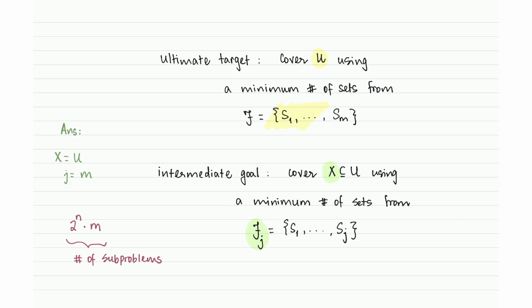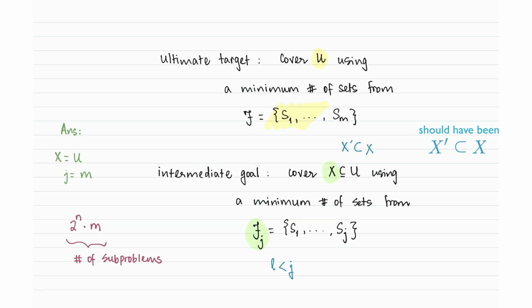So just to recall how this is going to work, given that we have a DP-based setup, the idea is that when we are trying to solve the intermediate goal with respect to x and j, we are going to assume that we already have access to the answers for the intermediate problems corresponding to x prime and L for all choices of x prime that are subsets of x, and for all choices of L that are strictly smaller than j.